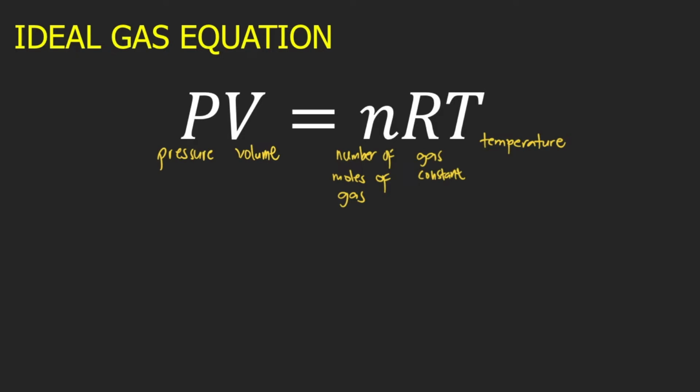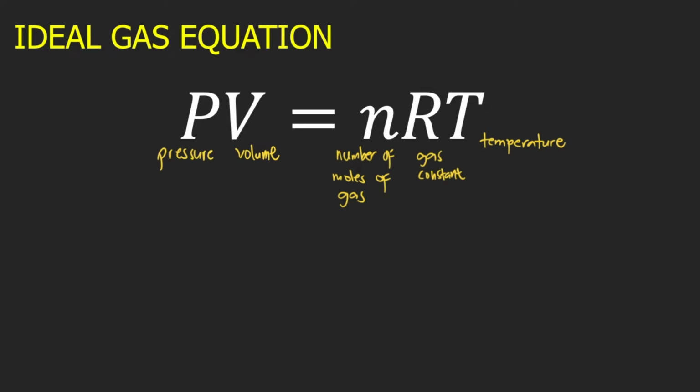However, in the ideal gas equation, PV equals nRT, you only see one value for pressure, one value for volume, one value for the number of moles of gas, and one value for temperature. Therefore, this ideal gas equation is useful to answer problems that do not involve changes in pressure, volume, number of moles, and temperature. Okay? So that's the basic premise of the ideal gas equation.